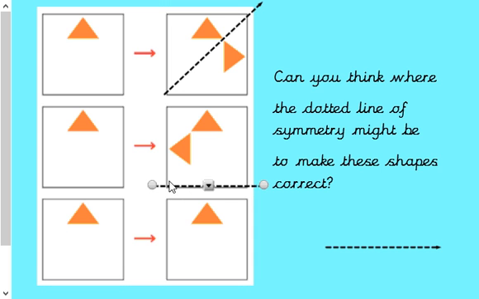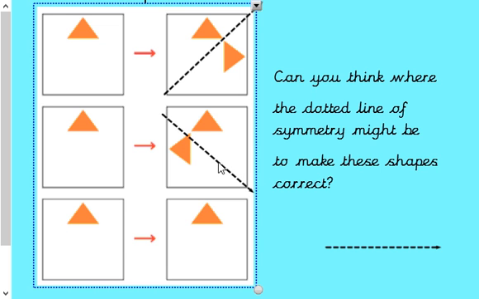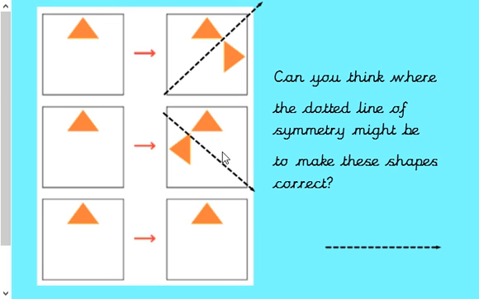This one's not quite so easy. There you go. Oh, no, not quite. There we go. So you can see this shape here, the mirror line is the opposite diagonal. And you can see that it looks the same. Clearly for both of these, the shape is looking the same on both sides of the mirror line.